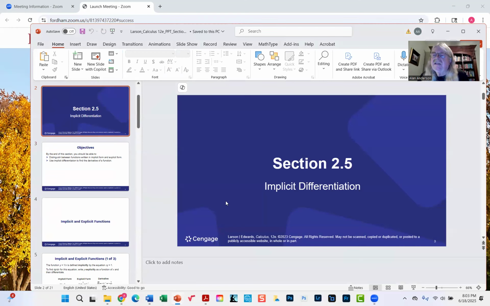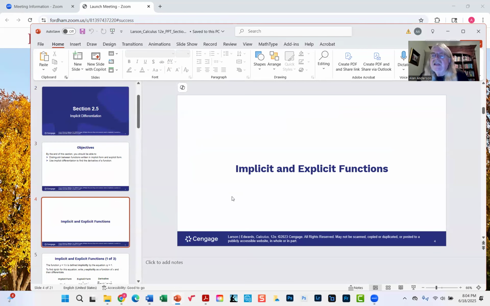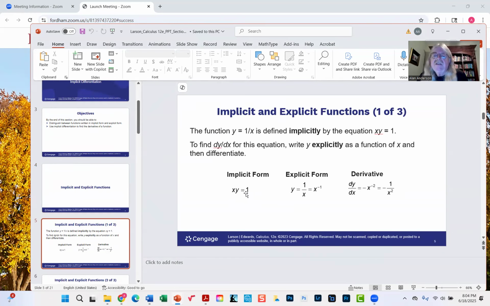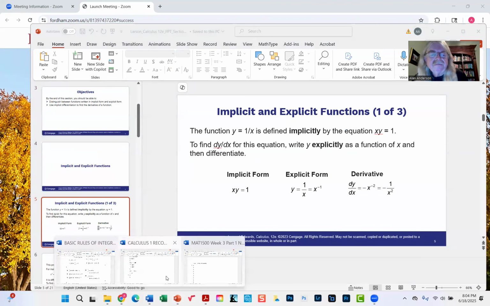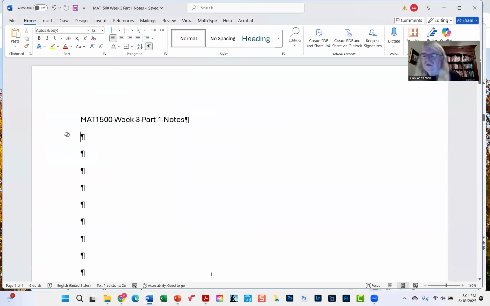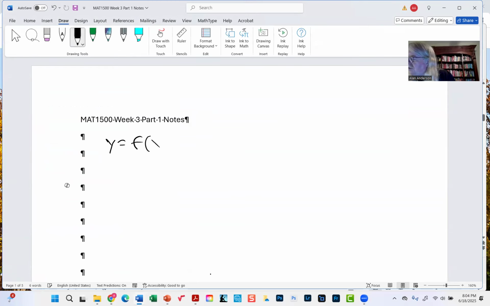So this is a technique that's used when we have functions that are, let's just say, very complicated. And first, they're going to tell us the difference between what are called implicit and explicit functions. If you have a function, let's say something like this, it could be anything: y equals f of x equals 3x squared plus 7.